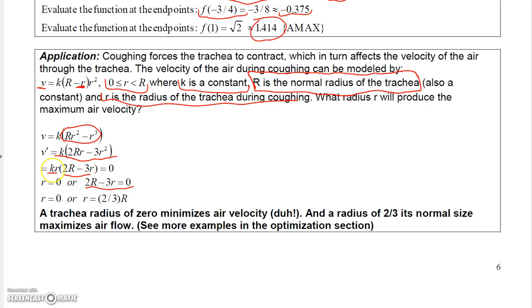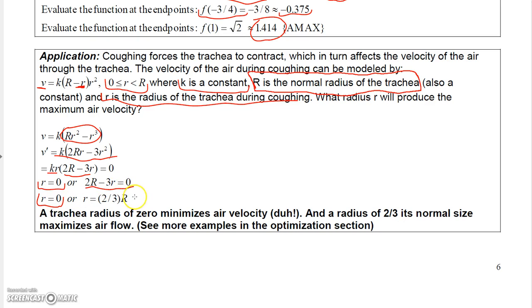The constant I'm going to assume is not 0, so for the constant times r to be 0, little r would have to be 0. But I don't think that makes sense, because if little r was 0, your trachea would have no radius.